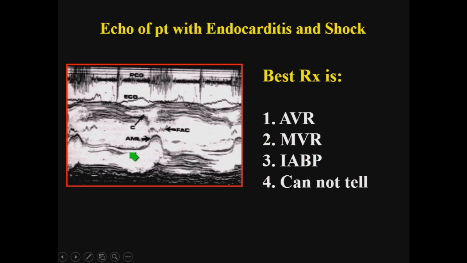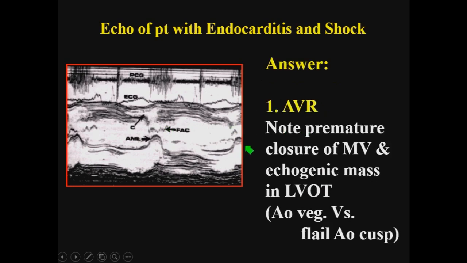This patient has no problem with the mitral valve, so he doesn't need mitral valve replacement. This patient does not need intra-aortic balloon pump. In fact, intra-aortic balloon pump is contraindicated in a patient with acute severe aortic insufficiency. And the answer is therefore aortic valve replacement.